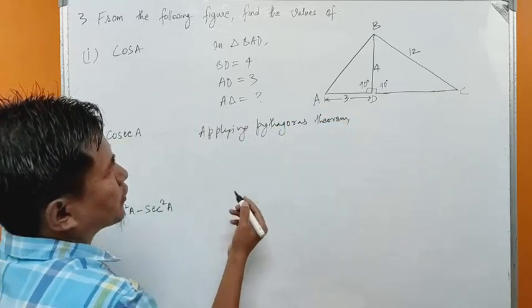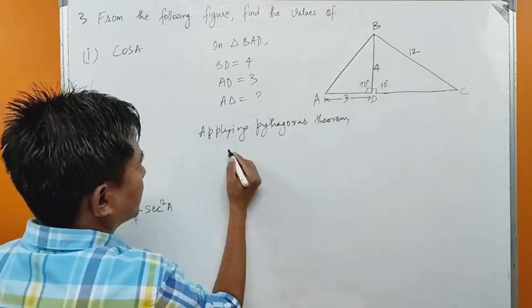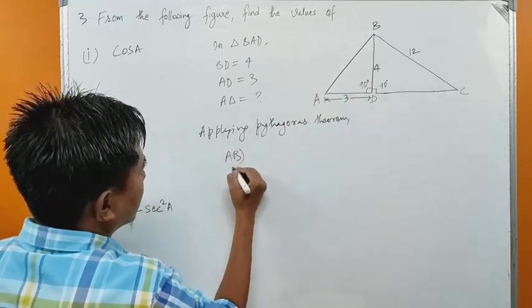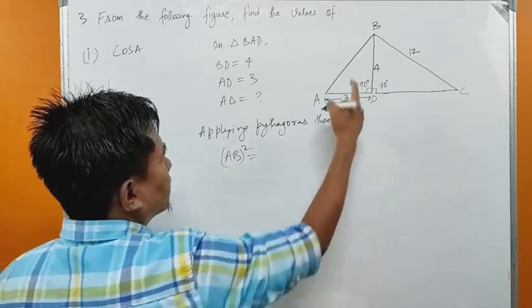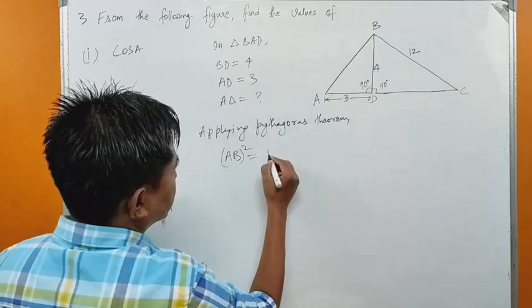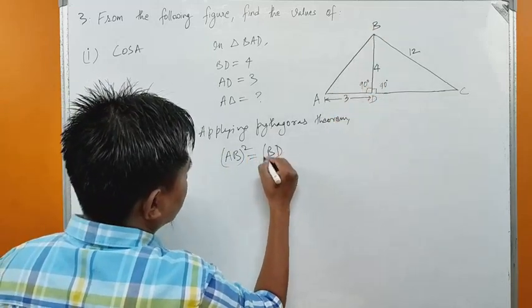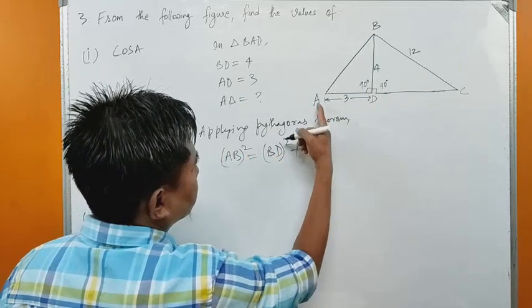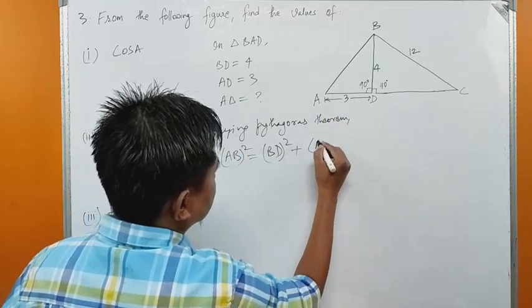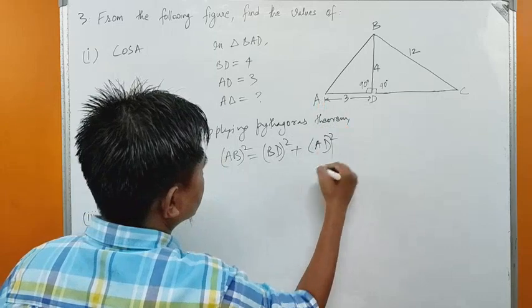What is hypotenuse? Hypotenuse is AB. Hypotenuse square equals perpendicular is BD, perpendicular square plus base square. What is base? Base is AD, AD square.